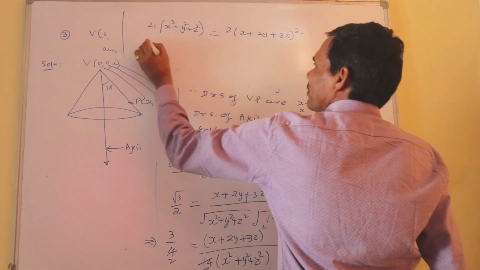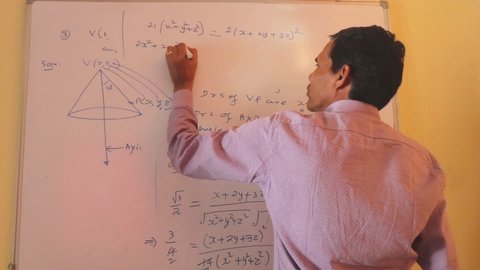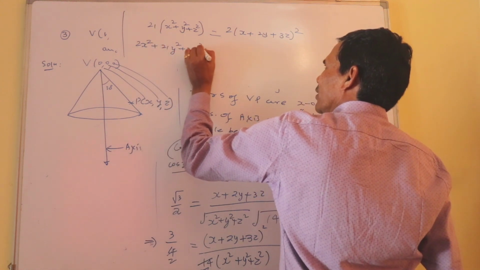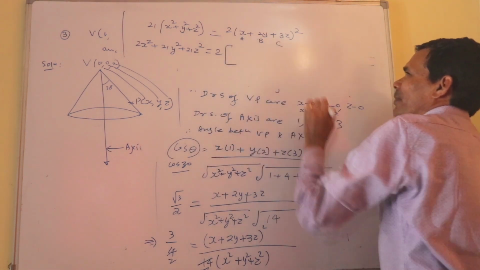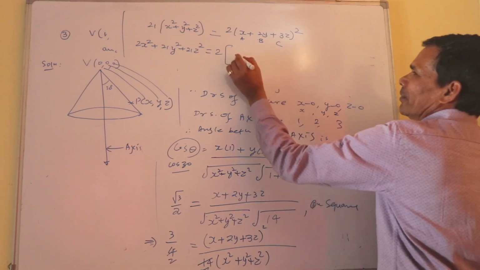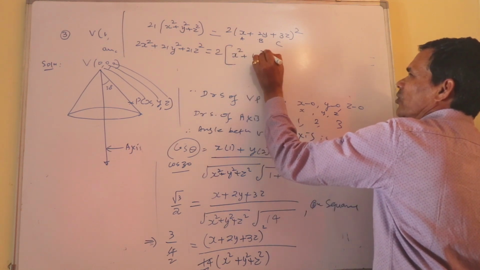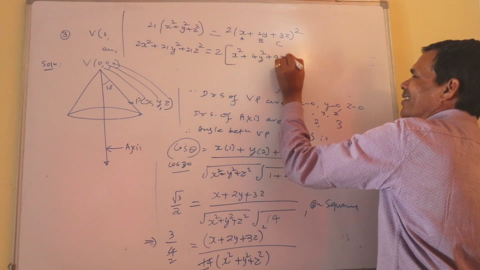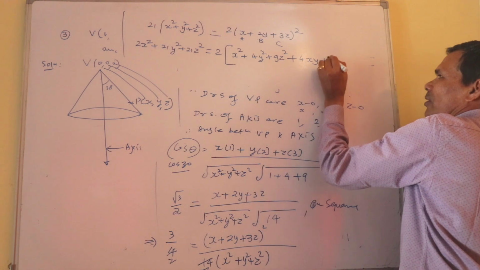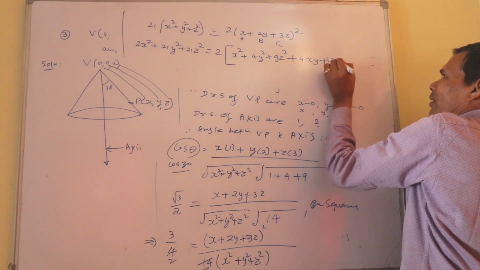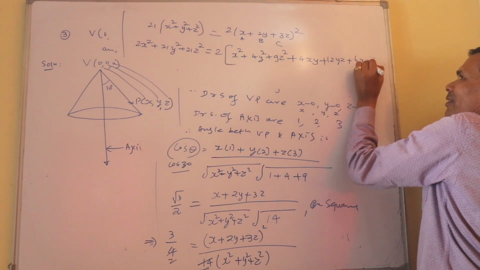So if you simplify this, 21x square plus 21y square plus 21z square equals 2 times, again using the formula for (a plus b plus c) square, x square plus 4y square plus 9z square plus 4xy plus 12yz plus 6xz.